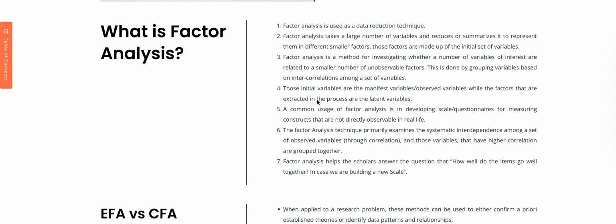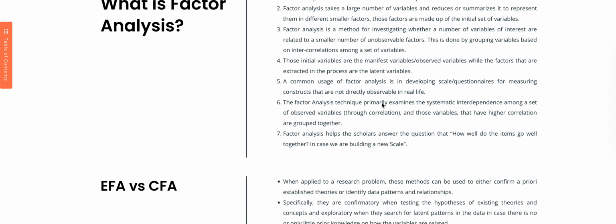Number 4, those initial variables are the manifest variables, or observed variables, while the factors that are extracted in the process are the latent variables. Number 5, a common use of factor analysis is in developing scale questionnaires for measuring constructs that are not directly observed in real life.